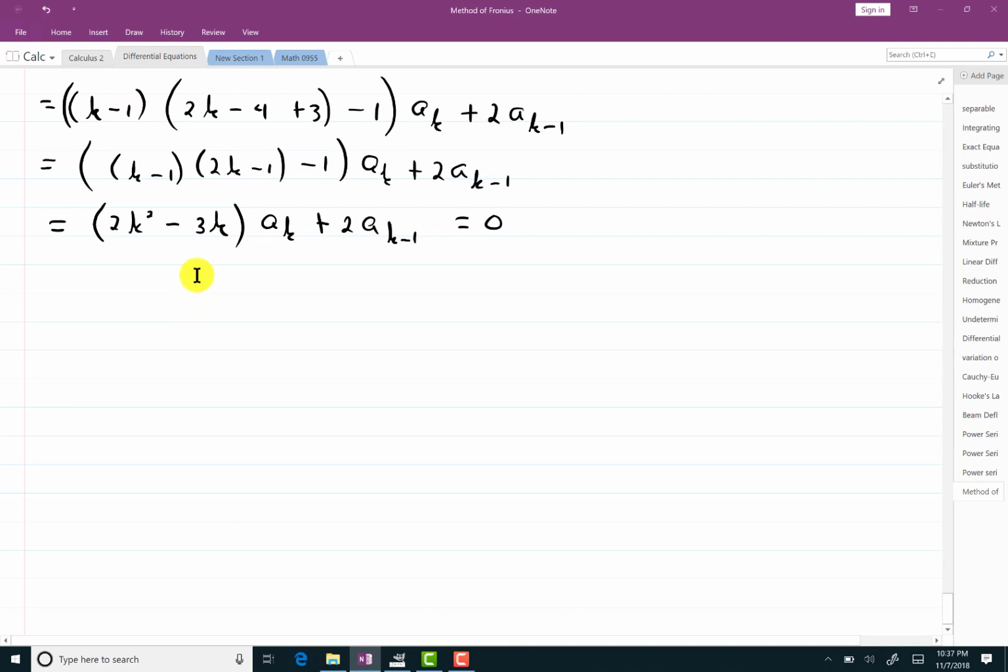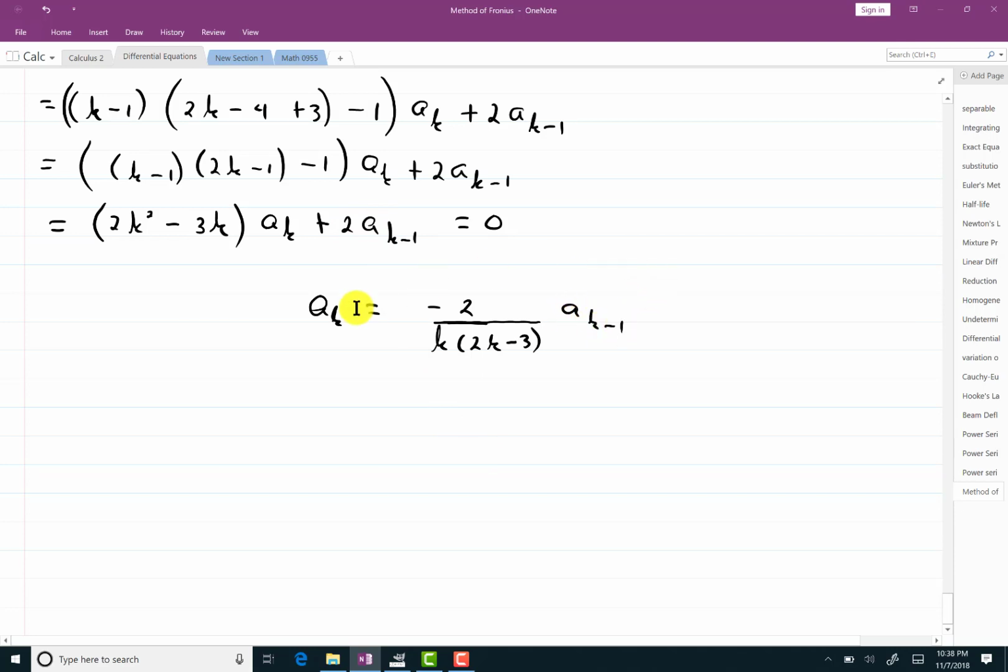And now let's go ahead and generate our coefficients. So a sub k this time is going to equal negative 2 divided by, I'm going to write this out in factored form, so it'll be k times 2k minus 3, times a sub k minus 1, similar to what we had before.